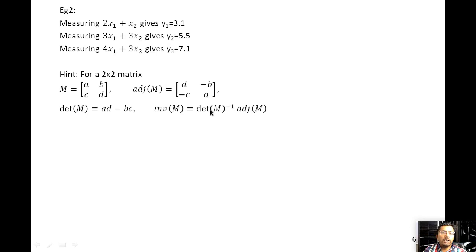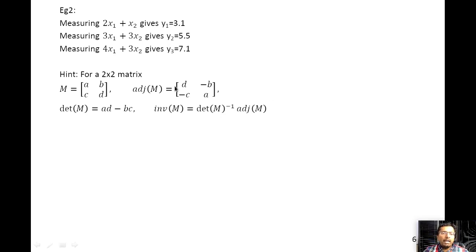And the inverse is the determinant inverse times the adjoint of M. So this will be useful for this problem, which is what I'm going to use. But obviously, if you have a scientific calculator, you can just directly type in the inverse and it's going to give you the value. This might be another way to double check that you didn't make some mistake in entering the values, something that could be easily avoided.